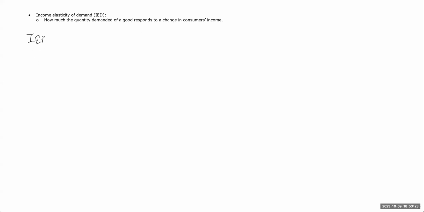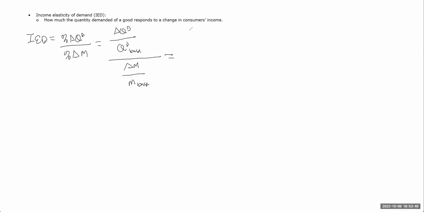So IED is equal to percent change in quantity demanded of some good divided by percent change in M, which I use for income. This is equal to change in quantity demanded over quantity demanded base, over change in income divided by M base.